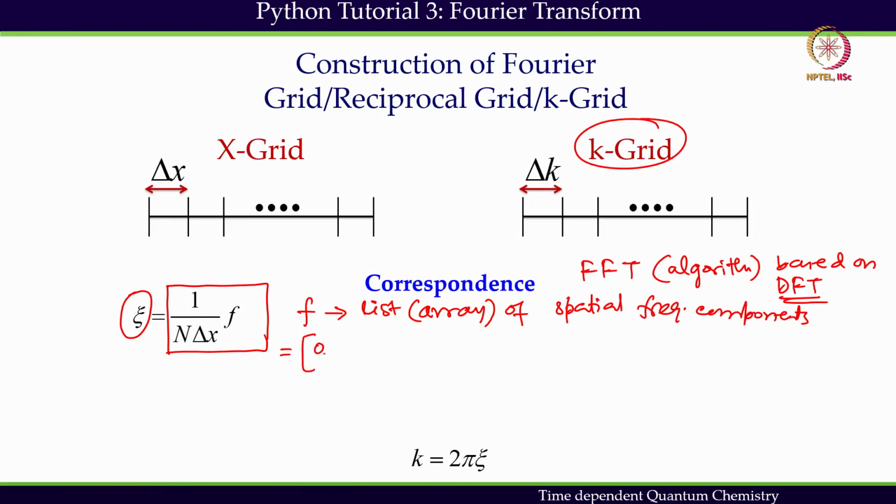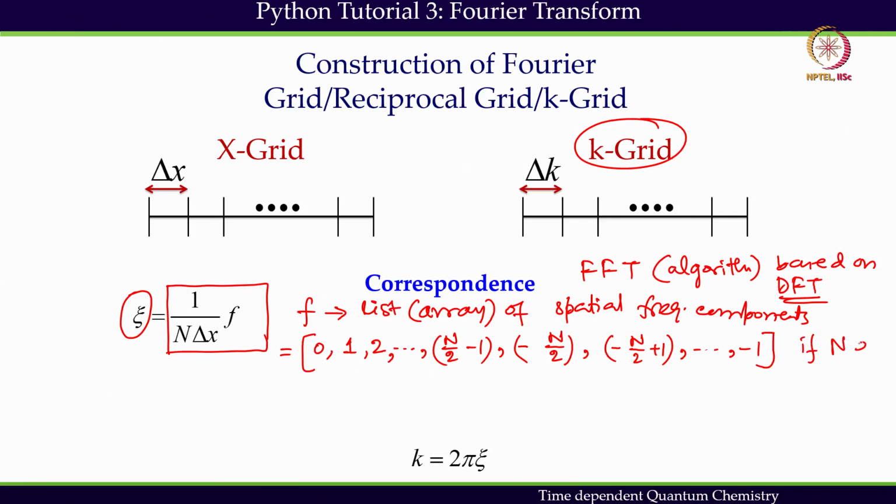It is going to be 0, 1, 2, then n by 2 minus 1, then minus n by 2, then minus n by 2 plus 1, up to minus 1, if n is even.